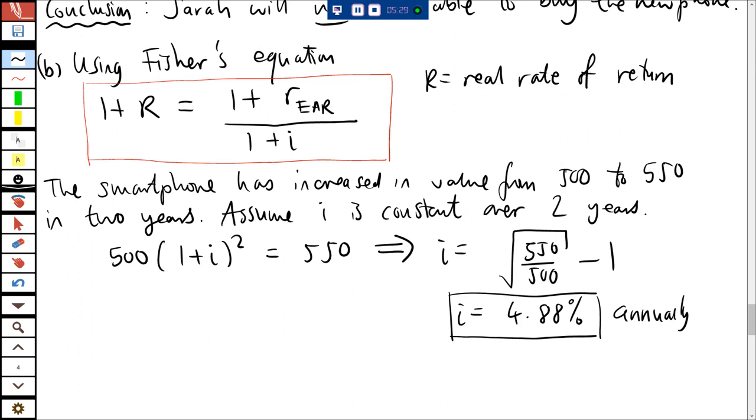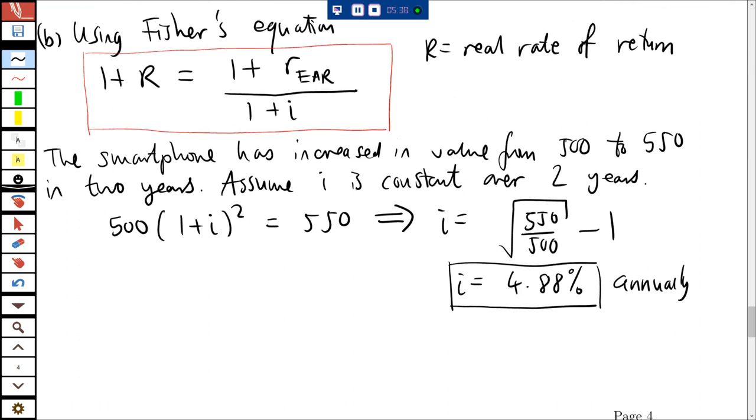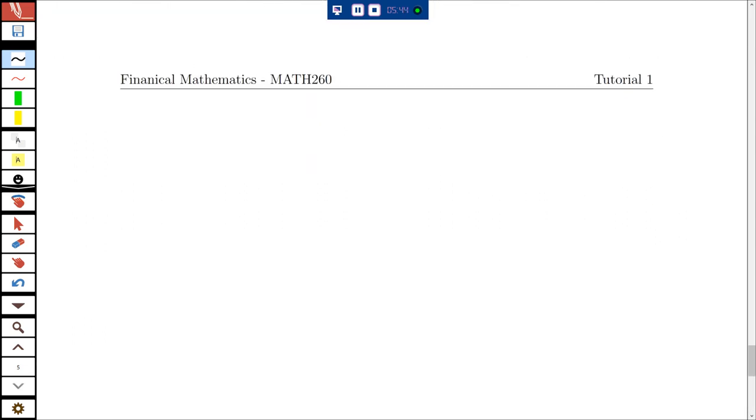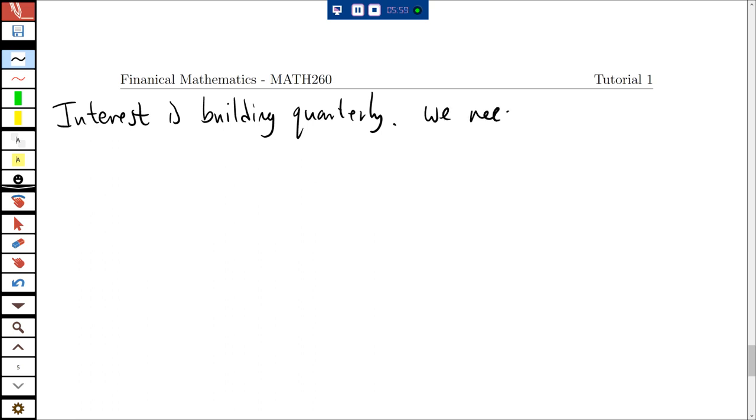Next, I need to calculate the actual interest in hand, the effective annual rate with this quarterly compounding. Okay, I think I'll go to the next page, give myself some room. So interest is billed quarterly, so we need the actual interest received, the effective annual rate.